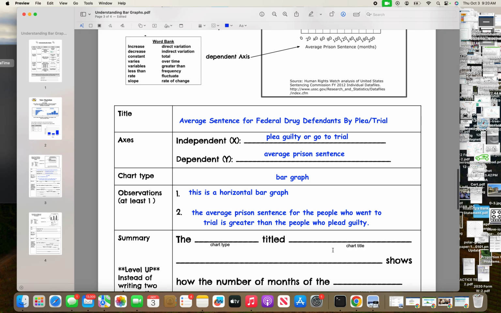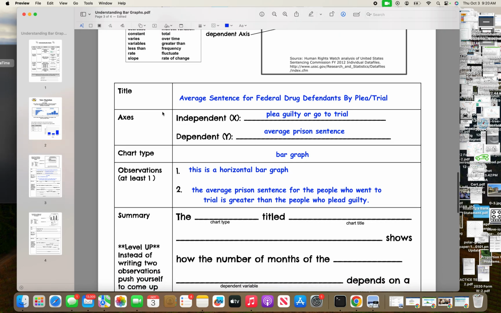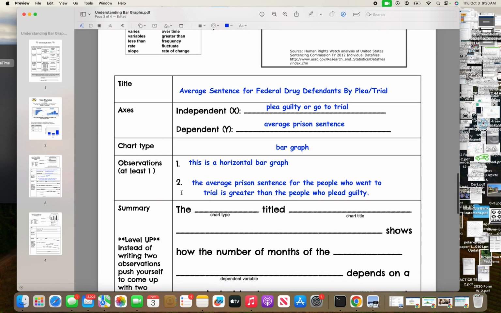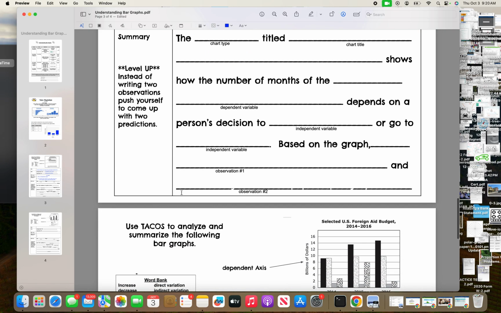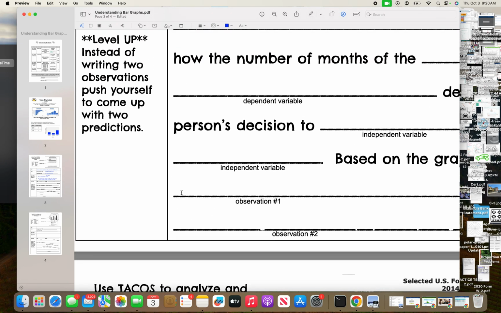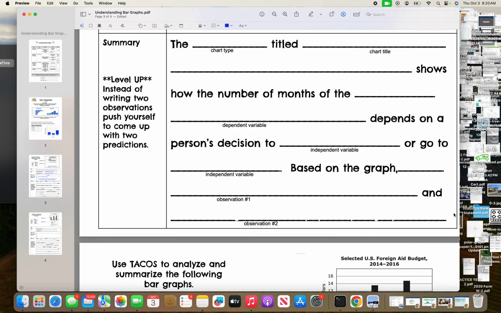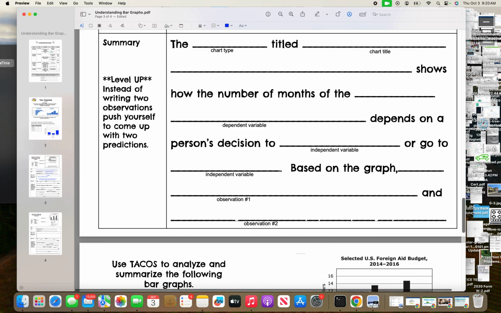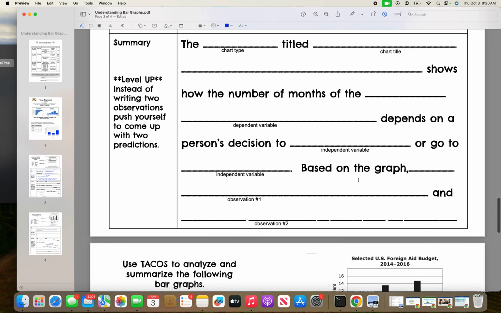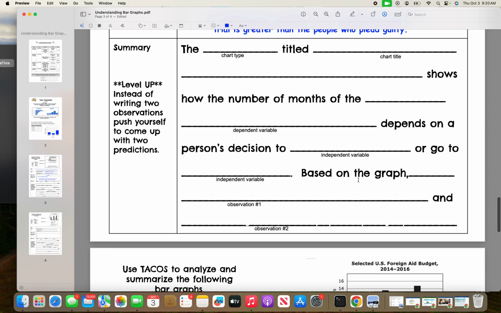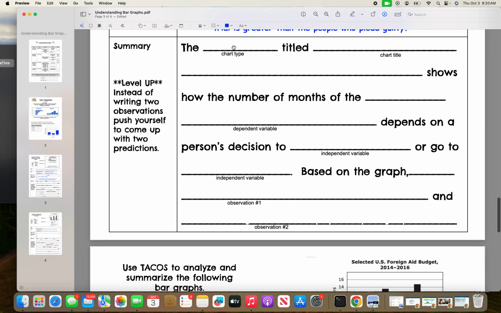All right, now that we have our title, axes, chart type, and observations, now we're ready to summarize. All right, so now this is the whole crux of this. Can we summarize the graph? All right, first of all, your chart type, go ahead and plug that in. Your chart title, go ahead and plug that in.